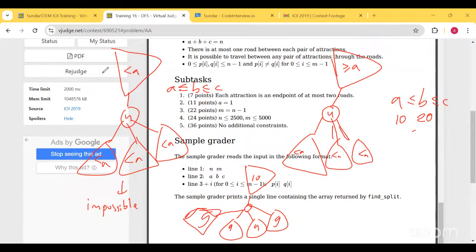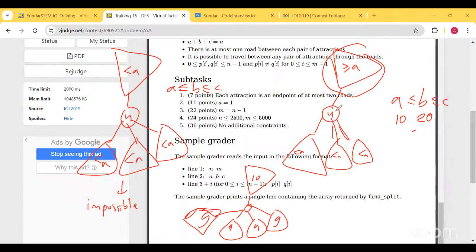This is always possible. Why? Do you know why? So just check whether this is greater than or equal to B or not. So there are two cases, greater than or equal to B or less than B.